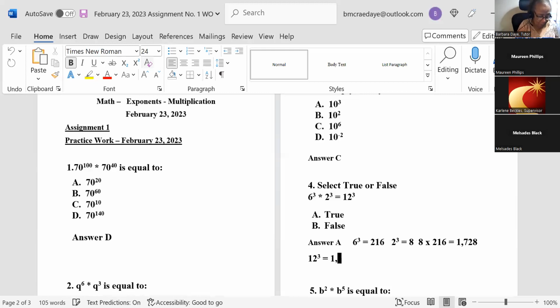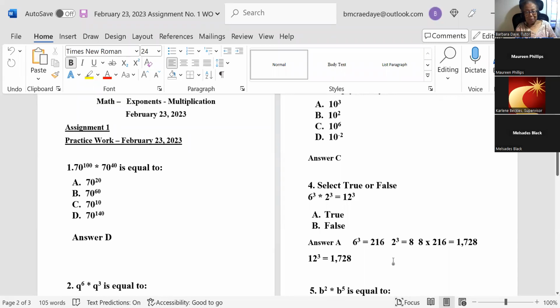Get the same number, 1,728. Got it? Yeah. So there's another way you could have done it. You could have found the value of 6 to the third, found the value of 2 to the third, multiplied them, then found the value of 12 to the third. If they're equal, then this statement is true.